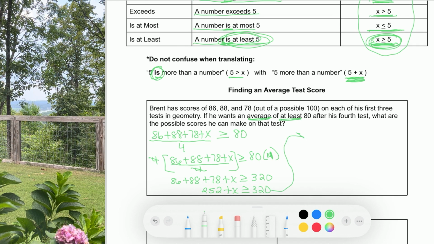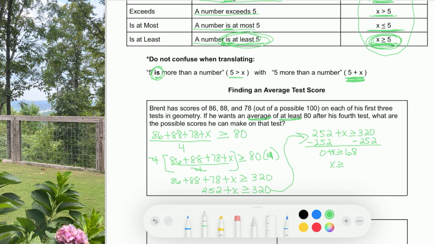I'm going to bring that up over here so we can have enough room to finish it. I'm going to subtract 252 from both sides to get the x by itself. So 0 plus x is greater than or equal to 68. Got my x in there.